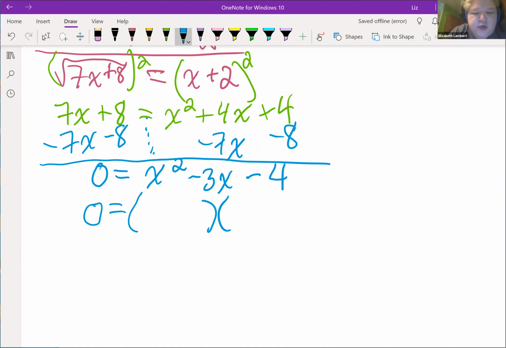All right, so dropping down the parentheses, and this is our lazy factoring. So I just need to pair that. Multiply to negative 4, add to negative 3. There's not a lot to choose from. So a negative 4 and a positive 1 will do it. Those are the numbers inside the factors. Those are not the solutions.